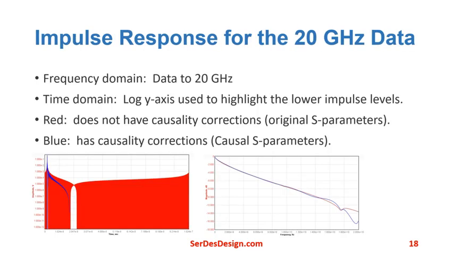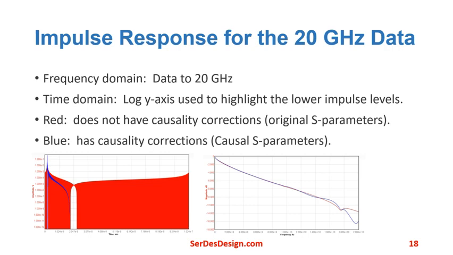The impulse response without and with causality corrections are displayed with a log y-axis to highlight the lower amplitude impulse levels. The time domain impulse response in red does not have causality corrections applied, and this is for the original S-parameters.